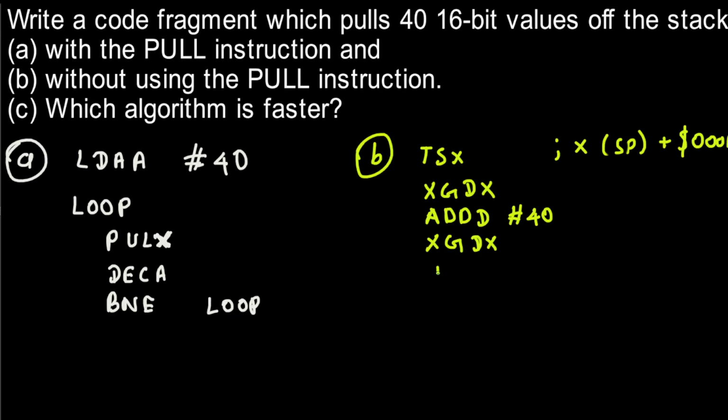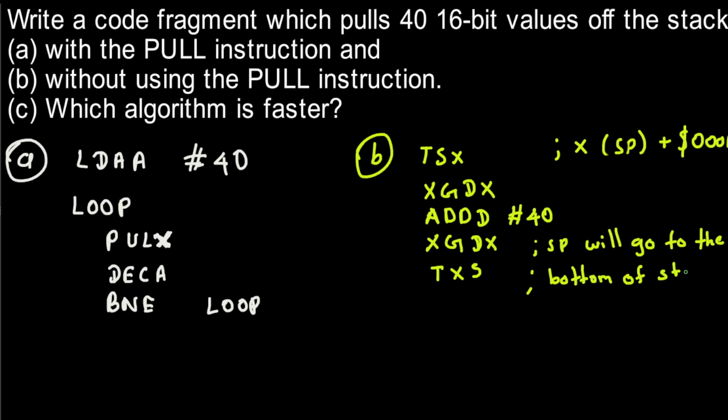And then what we do right now is transfer whatever the X value is to the stack pointer. When we do that, the stack pointer will go to the bottom of the stack, by pulling all the above registers.